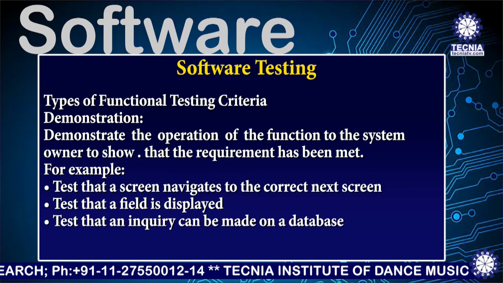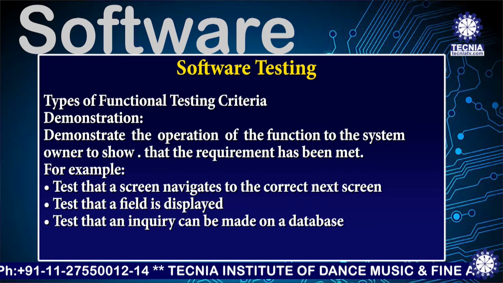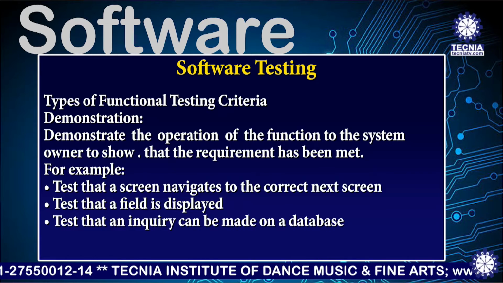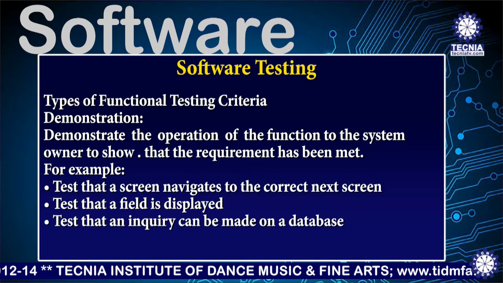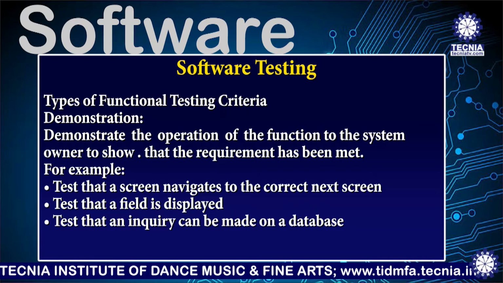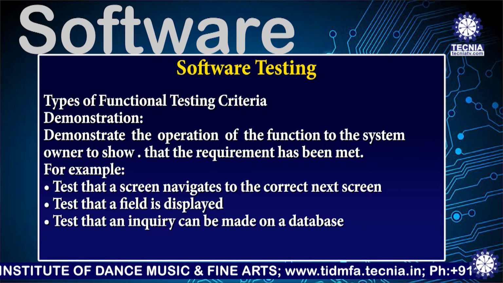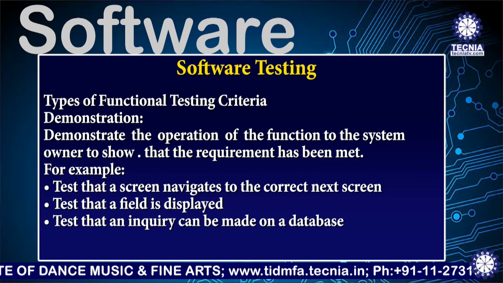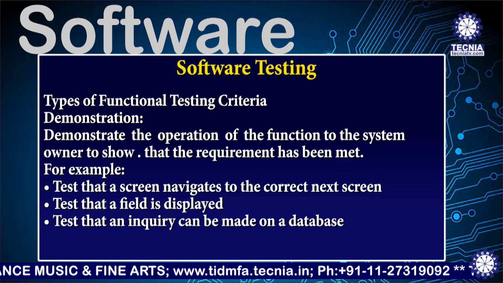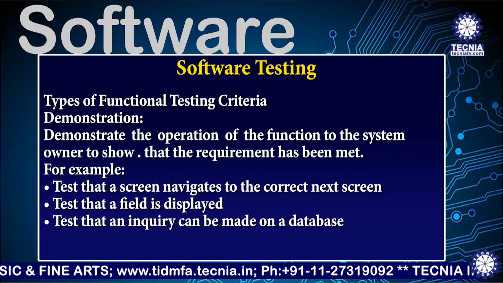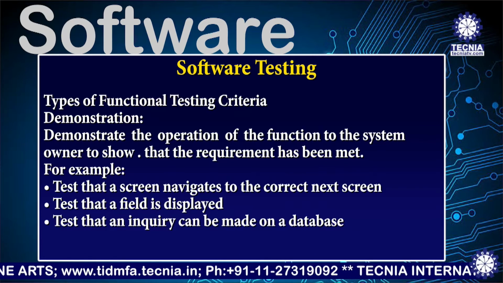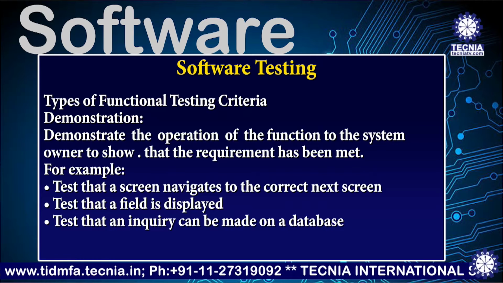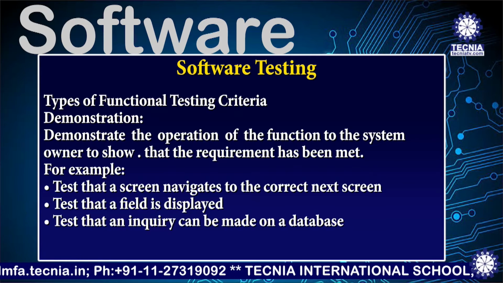Friends, there are many ways to check functional testing, and these are discussed in the presentation. There are several methods for testing. Out of several methods, we are going to discuss a few of them, and one of them is demonstration.